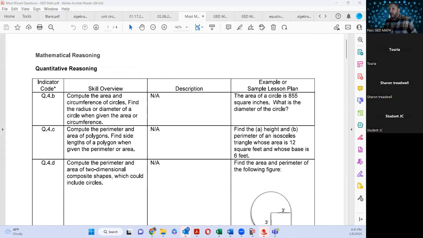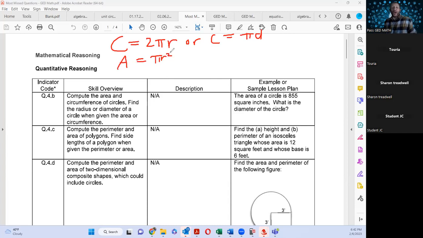you can expect those questions to be on the GED. So computing the area and circumference of circles, in every class, in every school, your teacher goes over those. Everybody should know those two formulas: C equals 2 pi r or C equals pi times d, and area equals pi r squared.